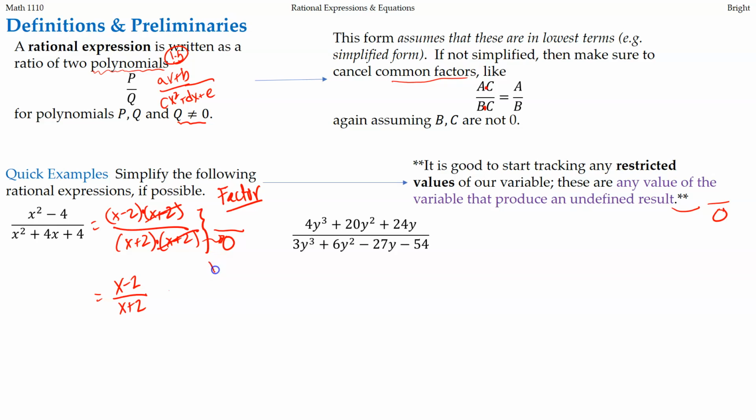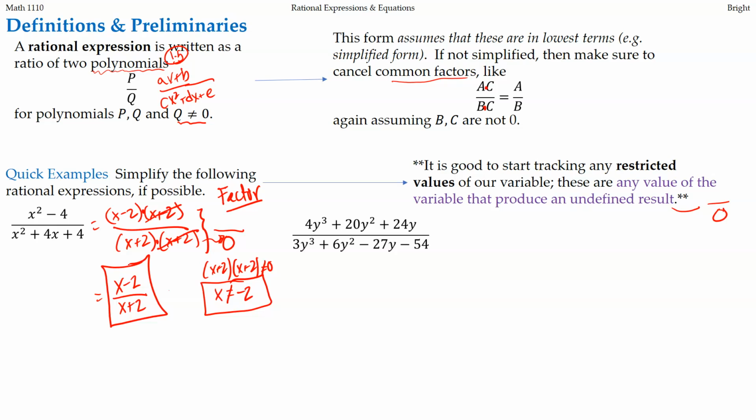If we do that, using the zero product property again, we'd have x plus 2 times x plus 2 is equal to 0, and then x is equal to negative 2 and negative 2. So this would be our restricted value.